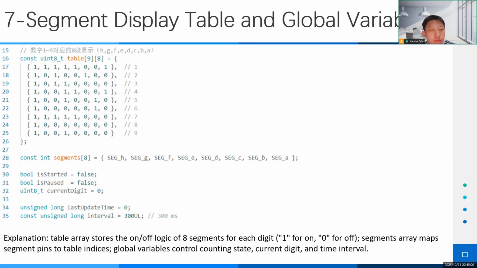Interval, the time between number changes, is 300 milliseconds, so it updates every 0.3 seconds.